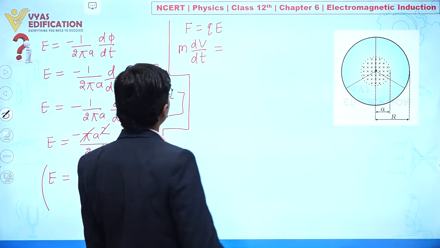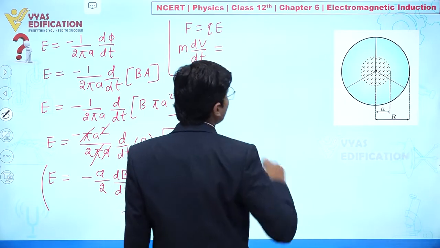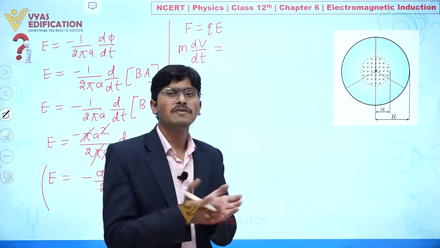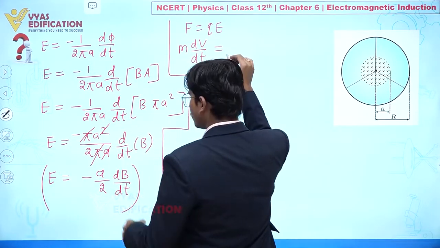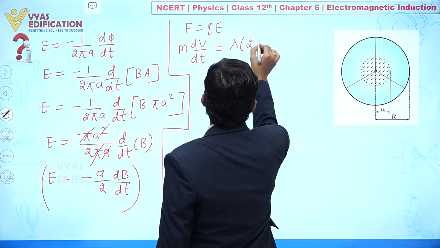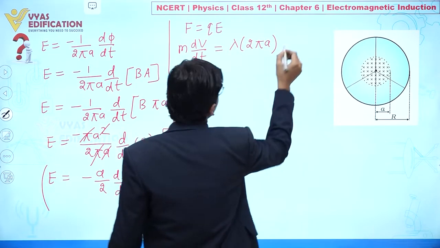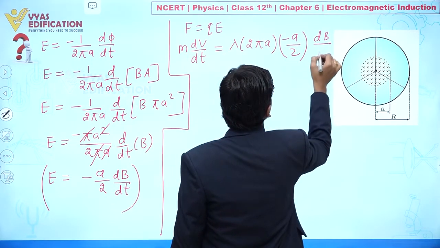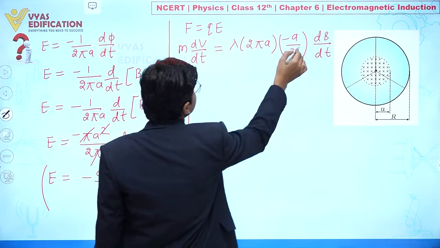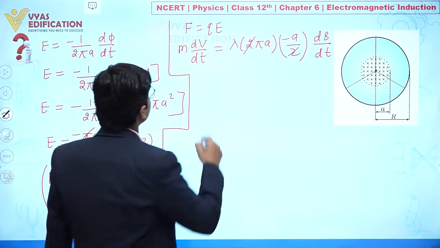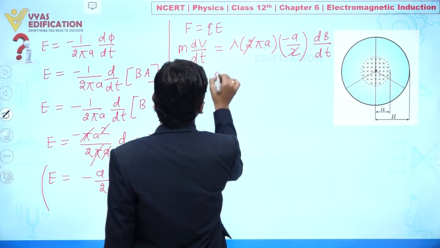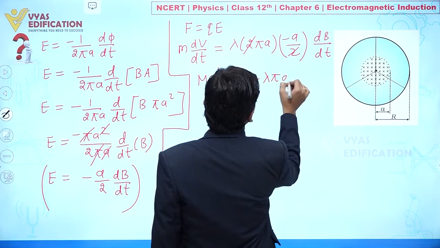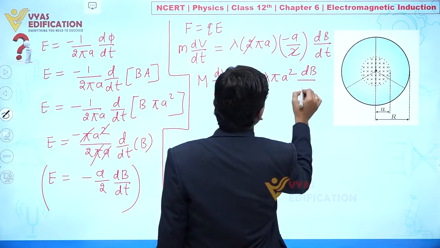The charge is situated on the rim of this wheel, so q is lambda times 2 pi a, and E is minus a by 2 multiplied by dB by dt. The 2 and 2 cancel out, so m dV by dt equals minus lambda pi a squared dB by dt.